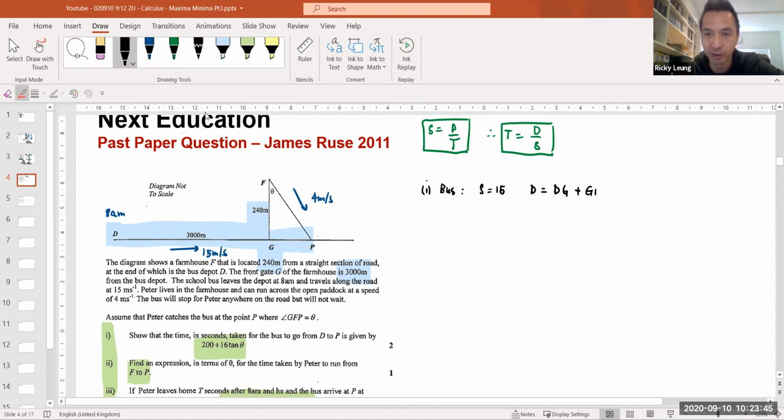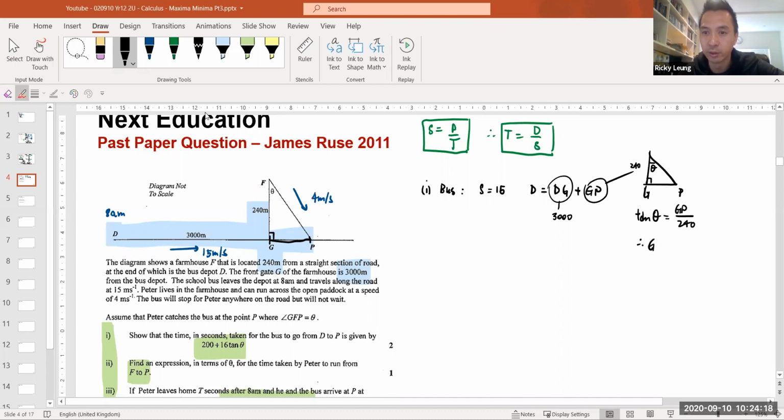plus GP. Now, I don't have GP. I know that this guy is 3,000. I don't have GP at the moment, which is this side here, but I can observe a right-angled triangle here and use SOHCAHTOA, in which case it's probably tan, isn't it? So there's a triangle where that's 240, that's theta, and this is GP, where tan theta equals GP all over 240.